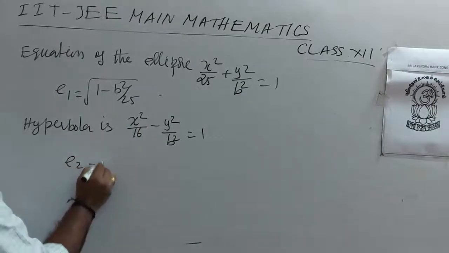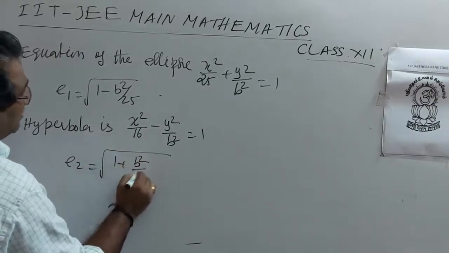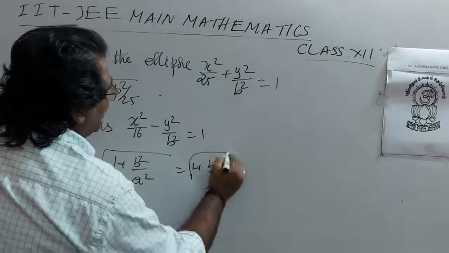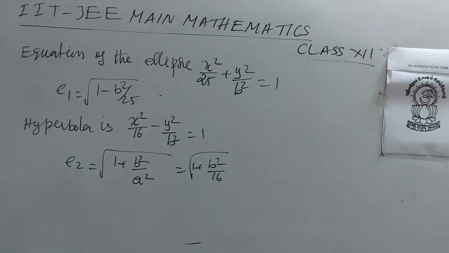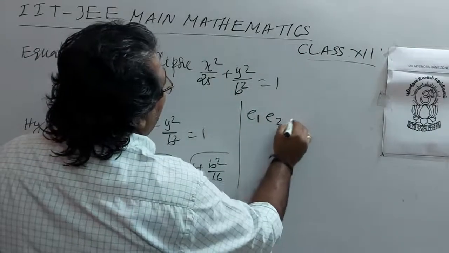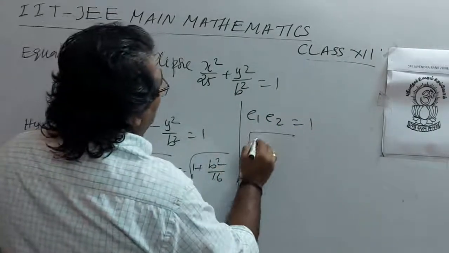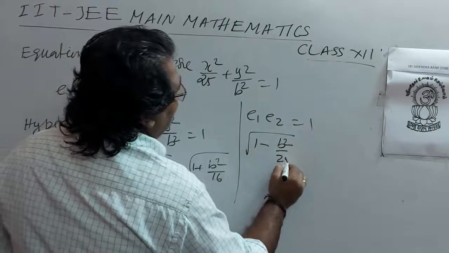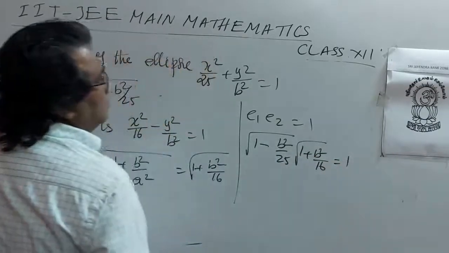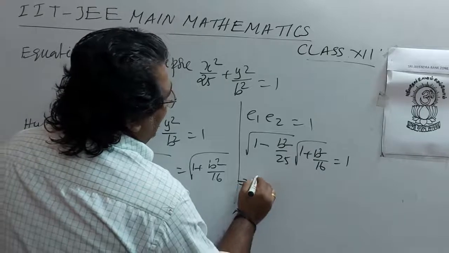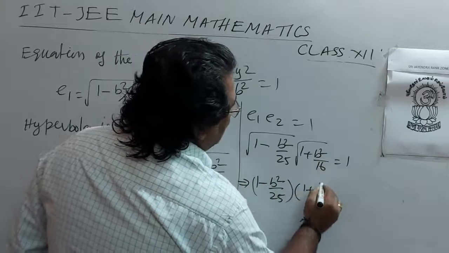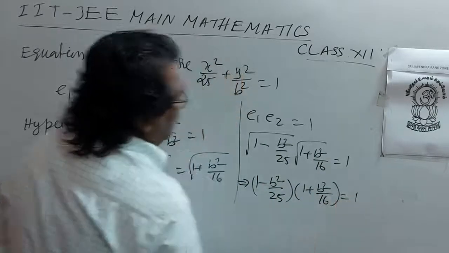The eccentricity e2 equal to root of 1 plus b square by a squared, 1 plus b squared by 16. e1 into e2 equal to 1. Root of 1 minus b square by 25, root of 1 plus b square by 16 equal to 1, which implies squaring on both sides, 1 minus b square by 25 into 1 plus b square by 16 equal to 1.